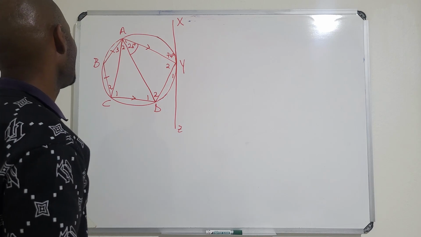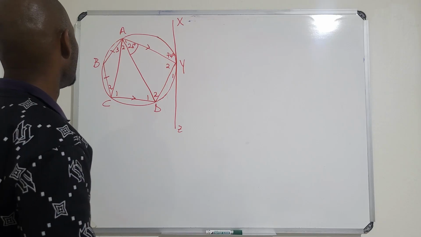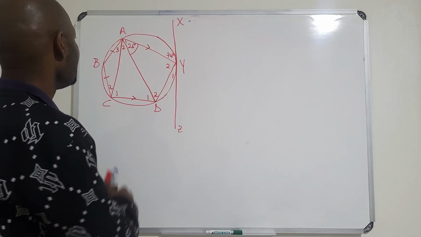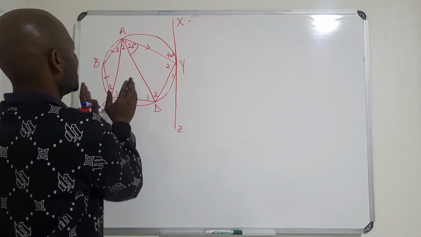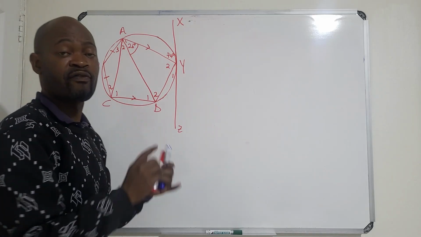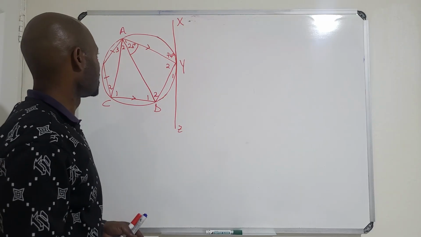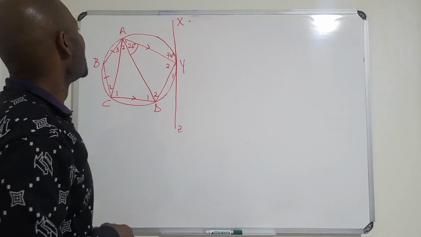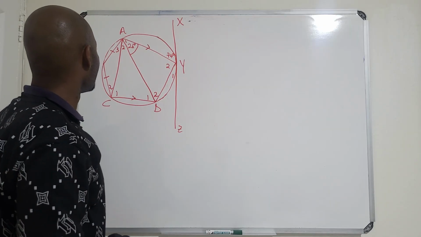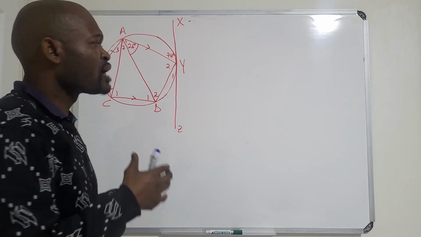Let's see. Are there angles at the same segment? No. There are no angles subtended by the same chord or by the same arc. Therefore, theorem number 4 is out. So theorems number 1, 2, 3, 4 are out. Now, is theorem number 5, which is on cyclic chords, there? Yes. Theorem number 5.